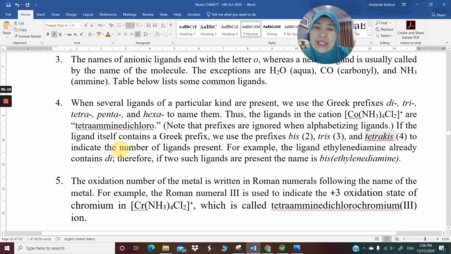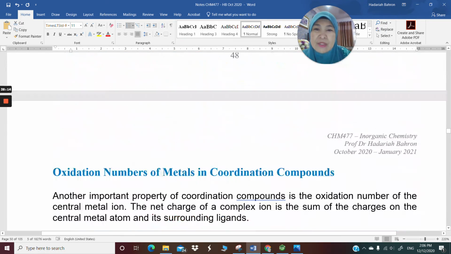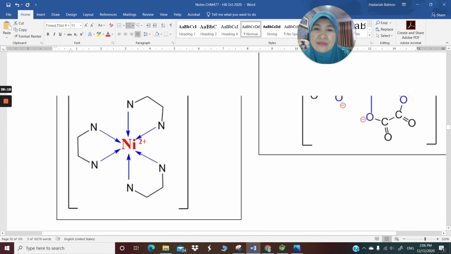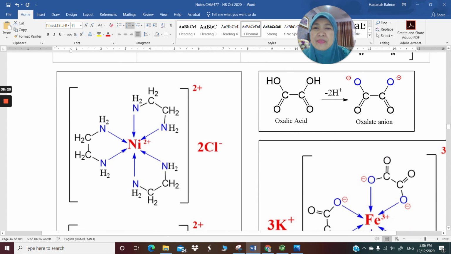So if you have the example that we went through earlier, this one, then you say that this is tris(ethylenediamine)nickel chloride.